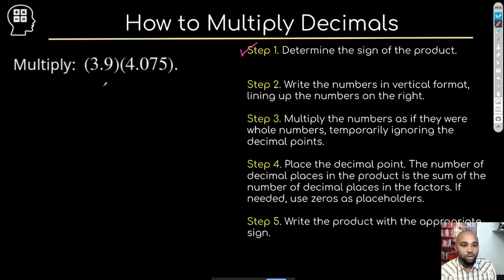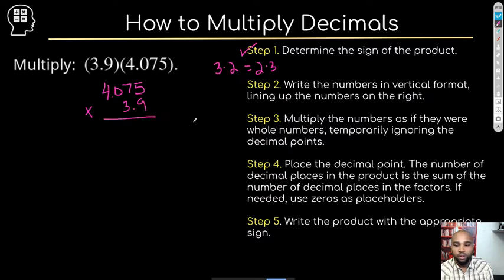So let's write it in vertical format. 4.075. And yes, I'm writing the bigger number on top. It's easier to multiply that way, because multiplication is what we call commutative, meaning it doesn't matter which order, because 3 times 2 is equal to 2 times 3. So I'm going to put the 4.075 on top times 3.9.